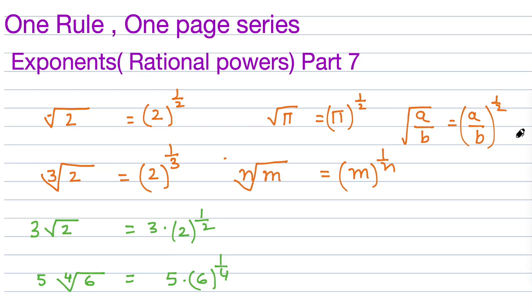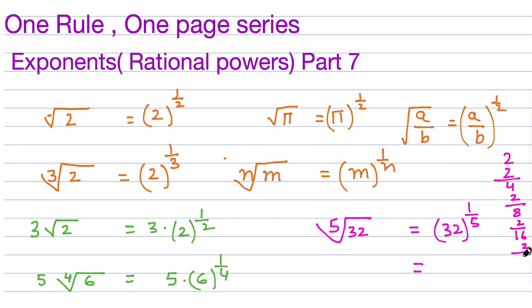Okay, now let's take a different case, like when you have the fifth root of, say, 32, right? This will be written as 32 raised to the power 1 by 5. Now 32 is not a prime number, so I'll try to solve it a little bit more if possible. Let me check if 32 is some base to some power. 2 times 2 is 4, times 2 is 8, times 2 is 16, times 2 is 32.